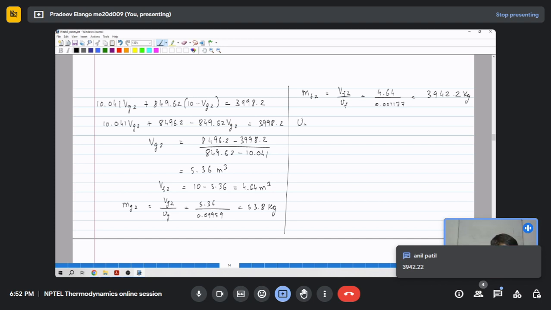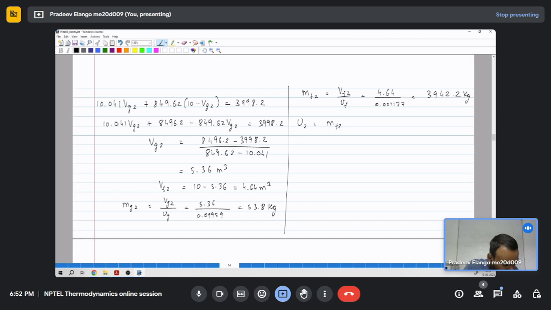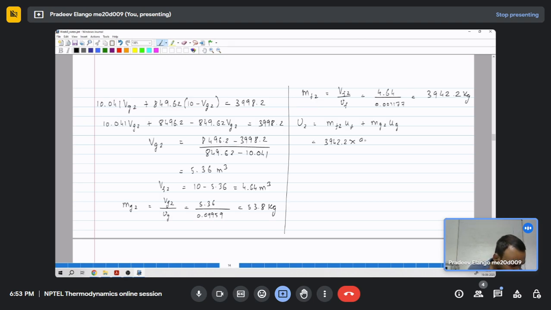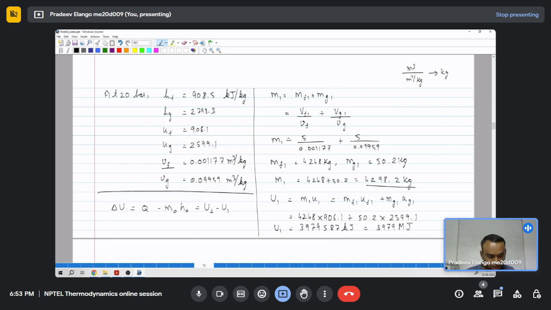Now internal energy at state 2 is mf2 into specific internal energy of the fluid plus mg2 ug. This is mf2 is 3942.2 into internal energy of the fluid is 906.1 plus mg2 is 53.8 into ug is 2599.1.